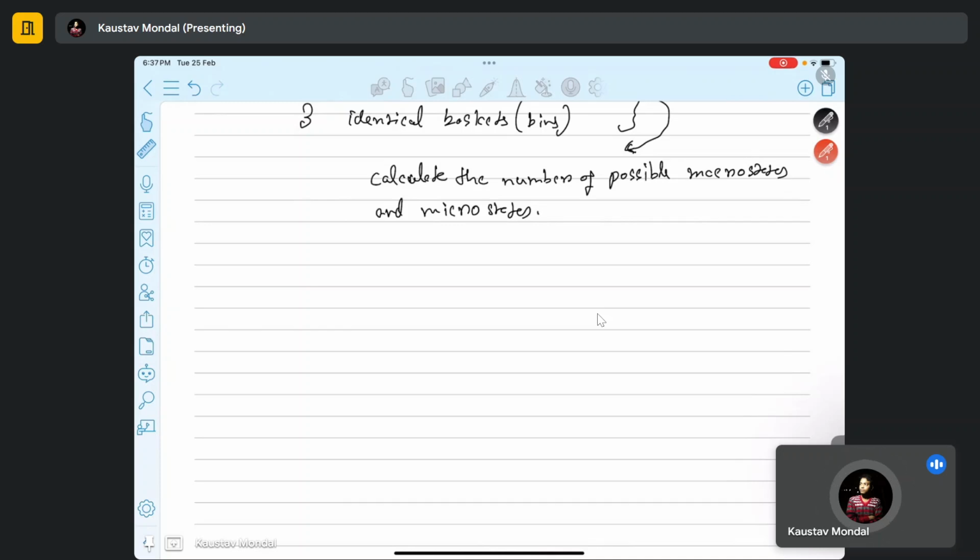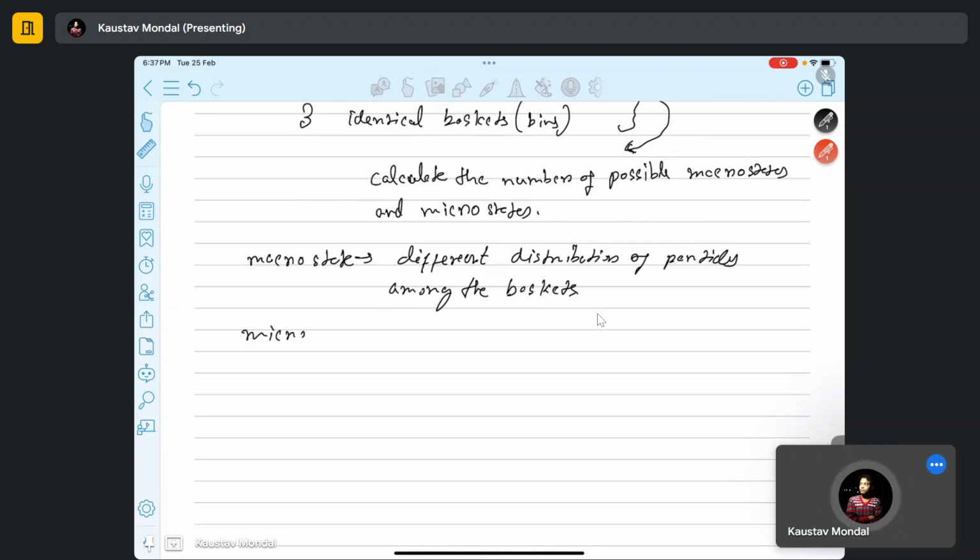In this problem, macrostate basically means a distribution of particles among the baskets; different distributions denote different macrostates.